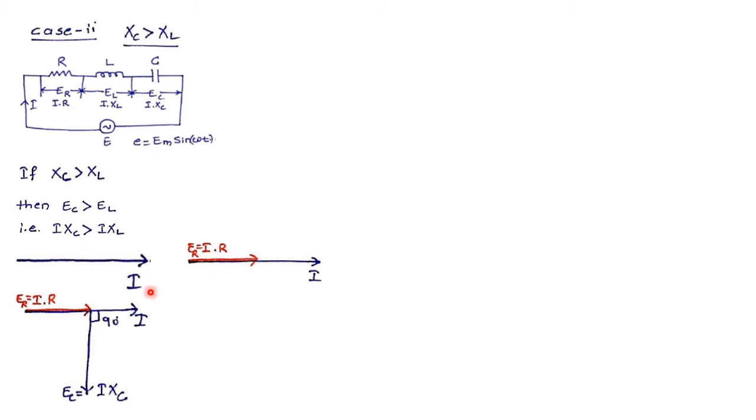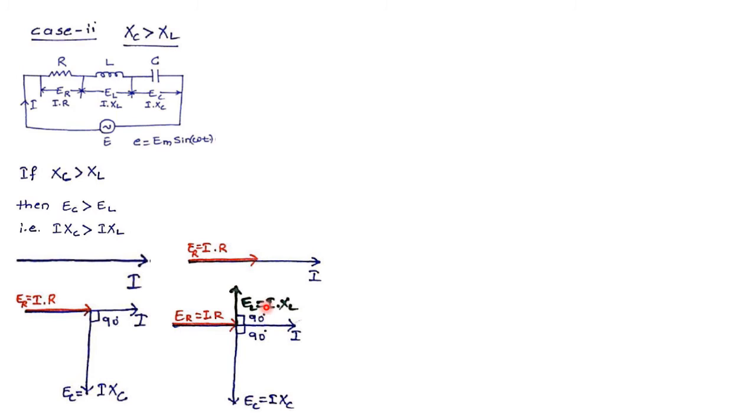Please remember that all these vectors are revolving or rotating in anti-clockwise direction at omega radians per second angular frequency. Now EL is the voltage across inductance, which will lead the current through inductance by an angle 90 degrees.